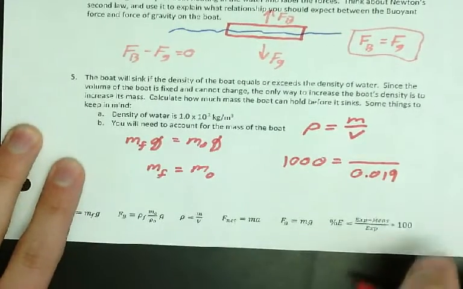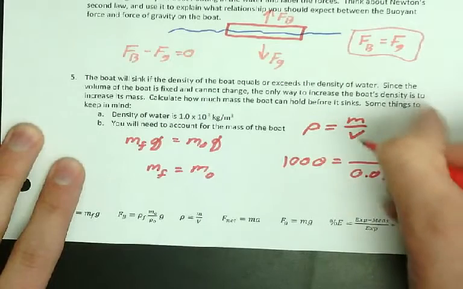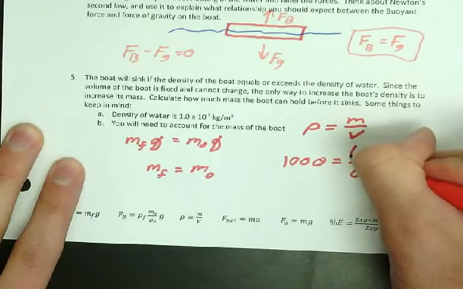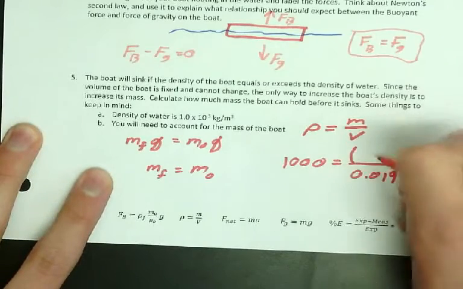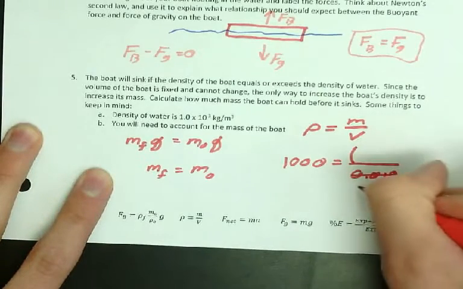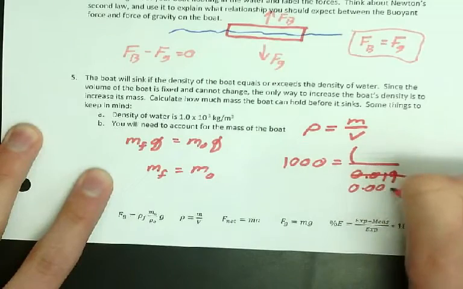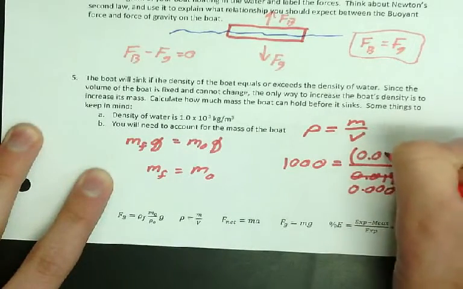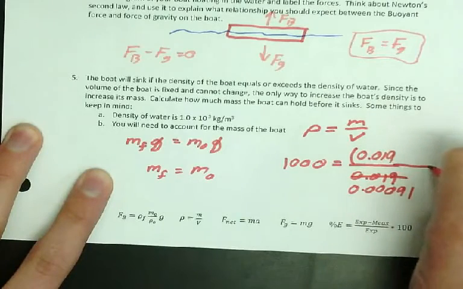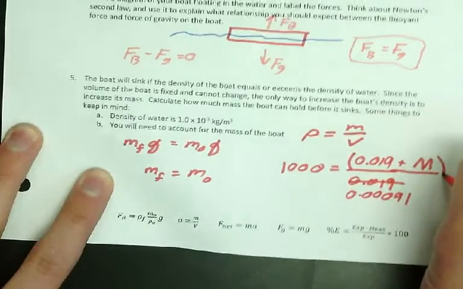Okay? And the mass is what I'm solving for. Specifically, it's the mass of the weight. So I'm going to add the boat's mass. Oh, wait, I wrote the wrong thing down here. That's my bad. The volume was 0.00091. The mass is 0.019 plus the mass that I'm solving for.